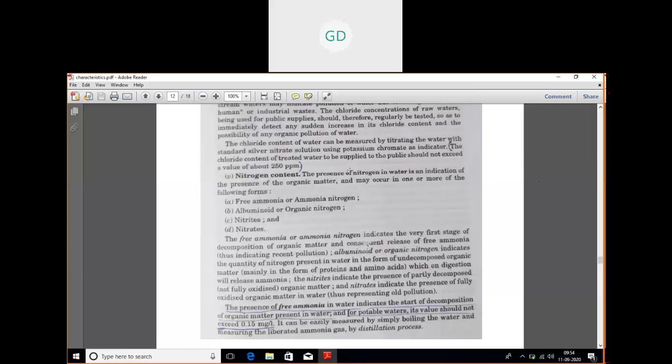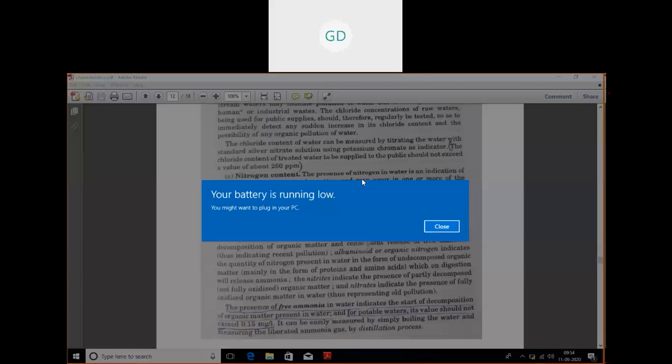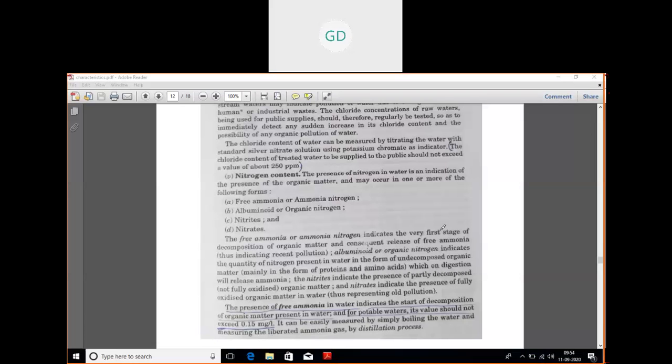Next is your nitrogen content. Nitrogen content, you see the presence of nitrogen in water is an indication of the presence of the organic matter and may occur in one or more of the following forms.